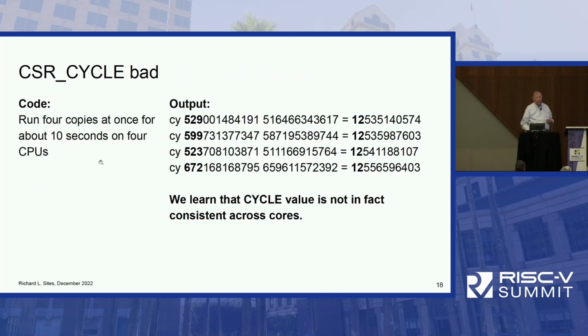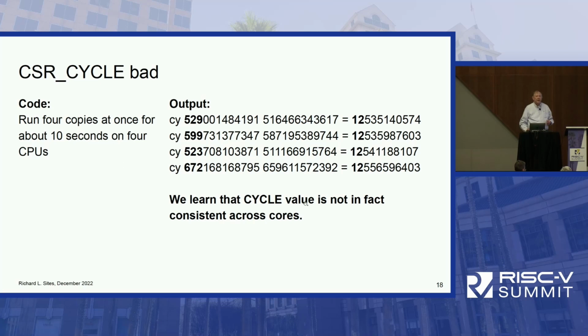So then I ran 4 copies of that program and found that on the 4 different processors, the cycle counts differed. This is in the seconds column. They differed by tens and hundreds of seconds, so they were not in sync. The elapsed time for all of them was 12 billion counts, which is the 1.2 gigahertz times about 10 seconds.